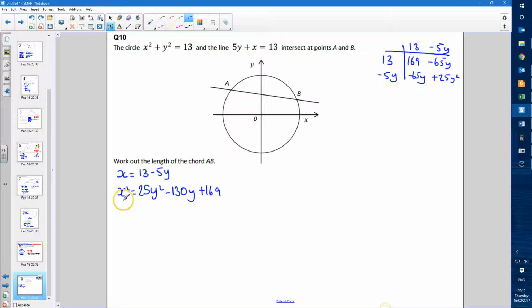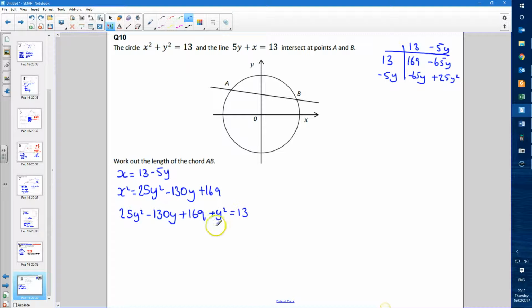Now I know what x squared is equal to, I can replace this x squared with 25y squared take away 130y plus 169, and I'm going to add it to the y squared over here. So I'll write that out: 25y squared take away 130y plus 169, so that's that bit, plus y squared is equal to 13.